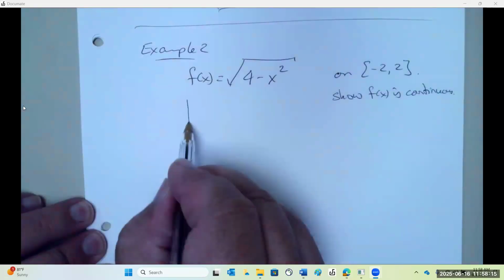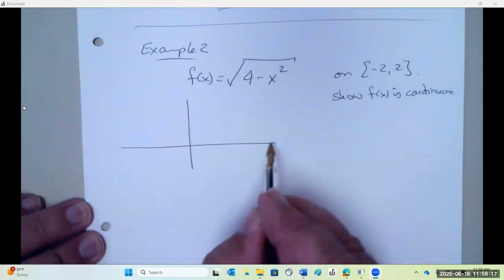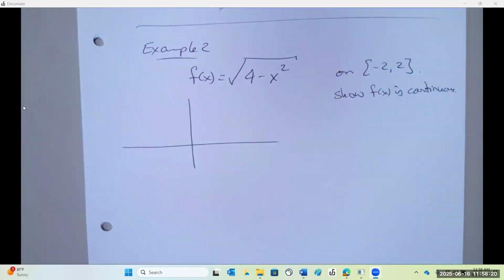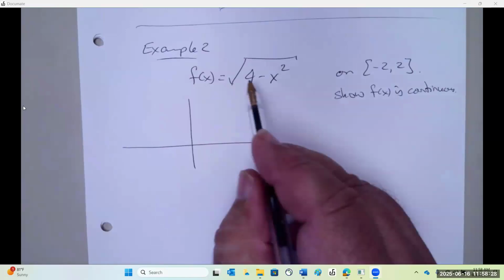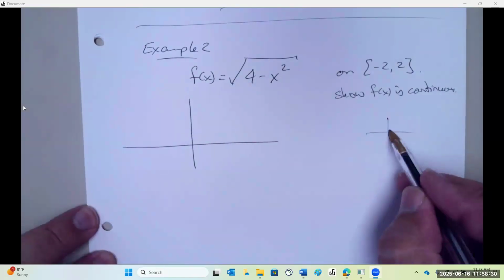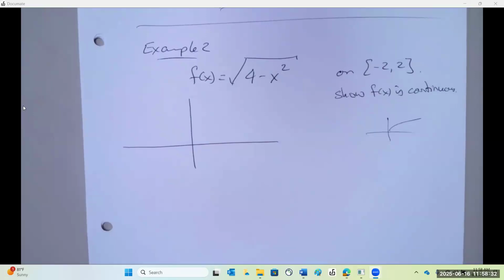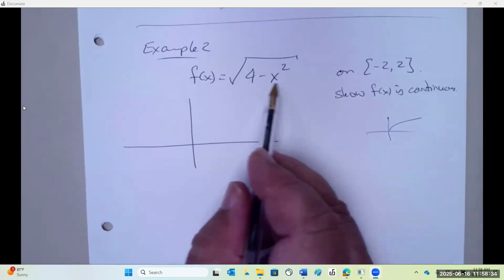What does the graph look like? No. I see what you're thinking, because you're thinking the rational function looks like this, but look inside there.